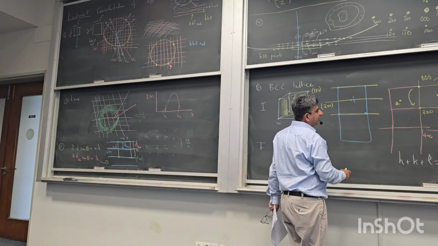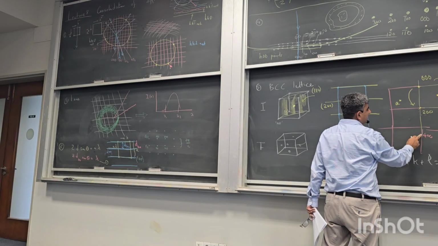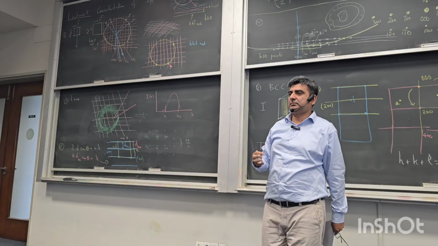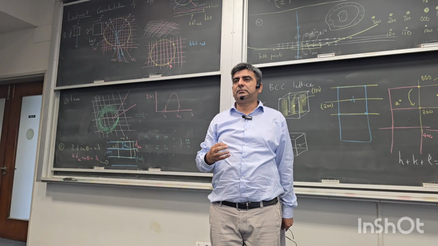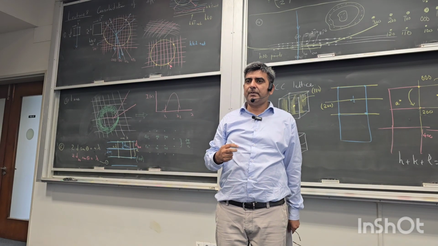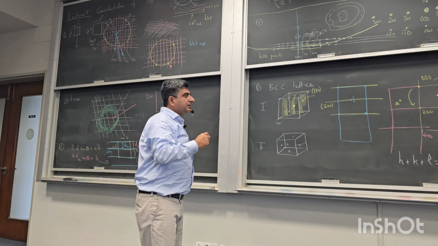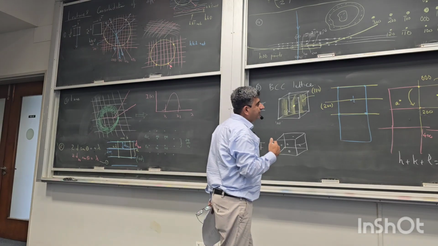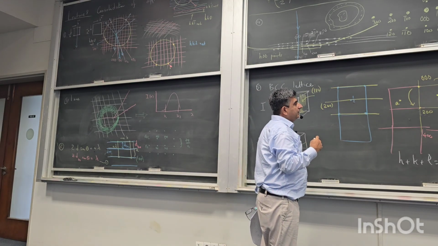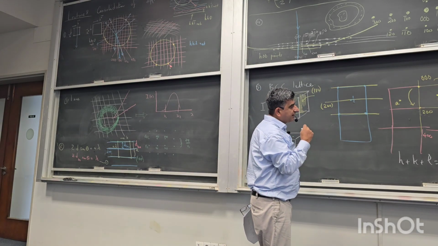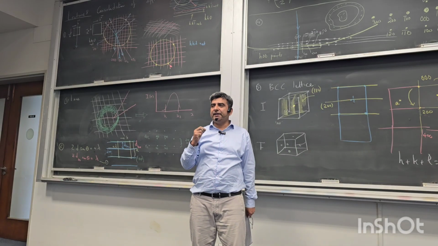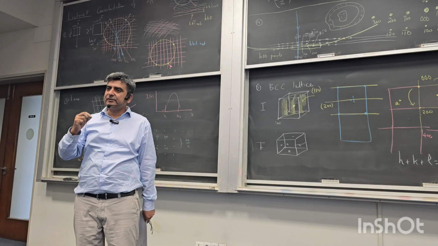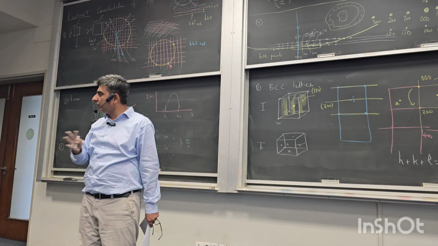So you'll get the same points 0, 0, 0, 2, 0, 0, 4, 0, 0, but this point will be at the center of the body at 1, 1, 1. And you can find out that those points exist for which the indices of all the planes giving reflection are either all even or all odd.